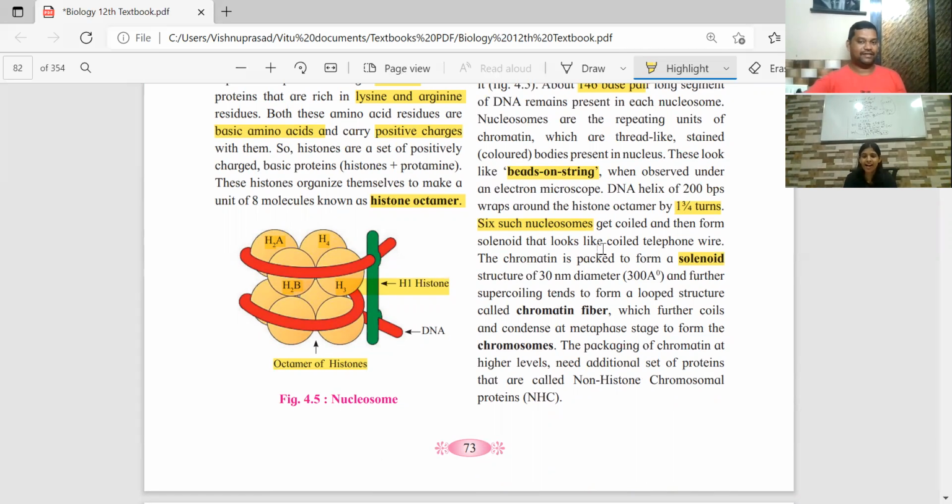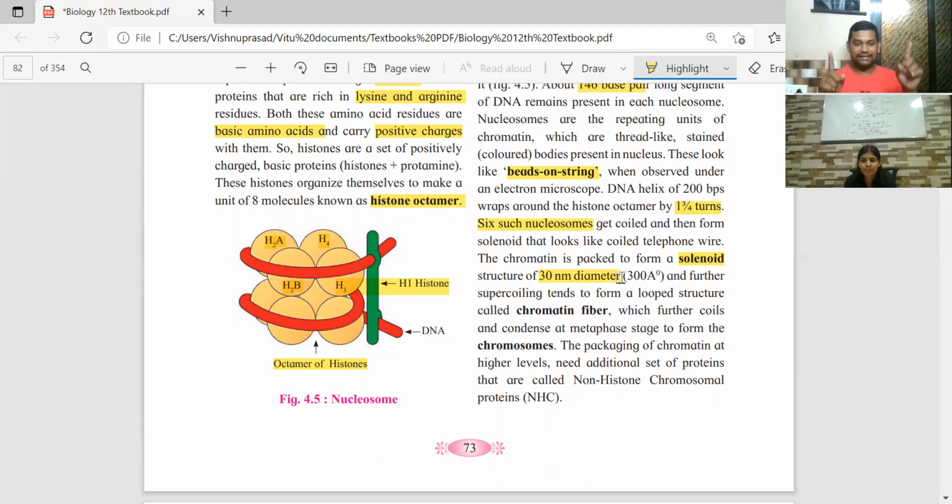Solenoid. So whenever you are using a landline phone, उसका वायर देखने का, रिवाइज करने का, it's a solenoid. Solenoid का diameter is around 30 nanometer diameter, 300 angstrom.